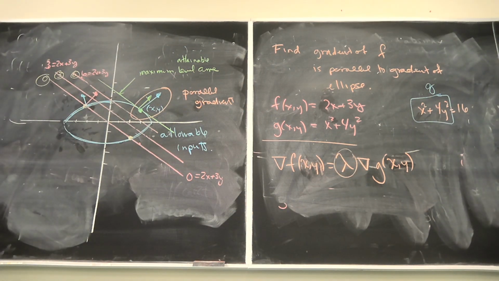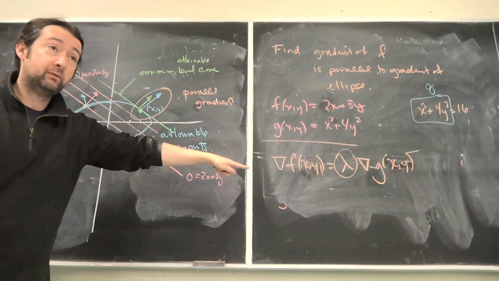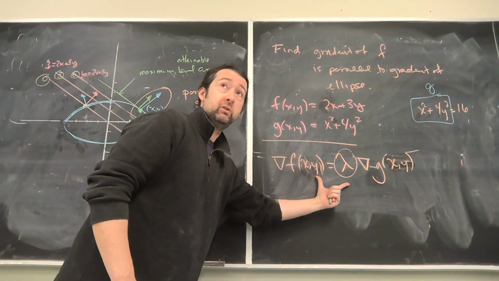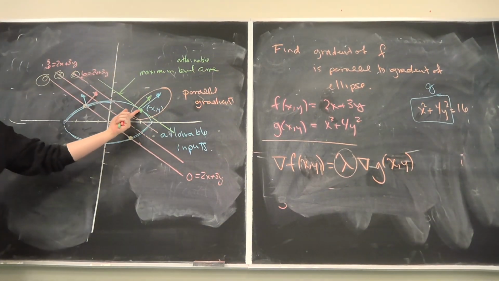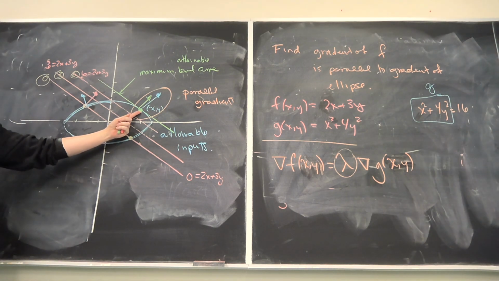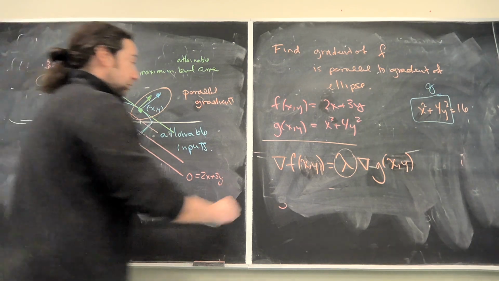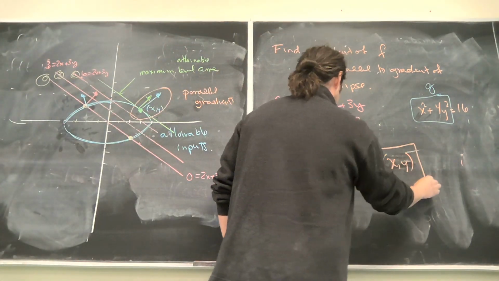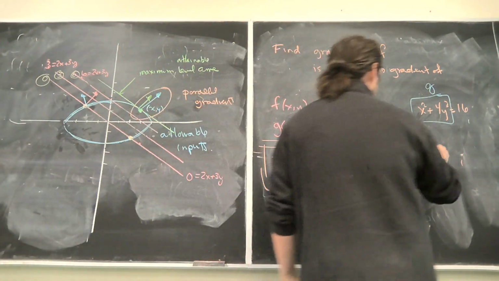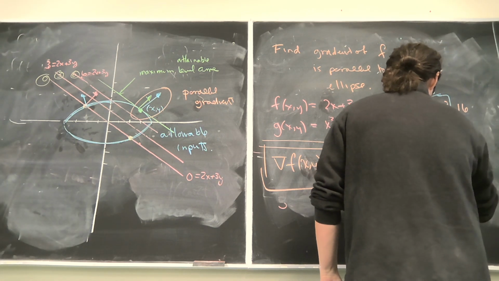So the trick of this entire method is I could figure out where the x and y value is that maximizes this function by solving that system of equations. If this equation was true, it would mean the gradients were parallel to each other, and that can only happen where they cross like this. So this right here is the core of the method called Lagrange multipliers.